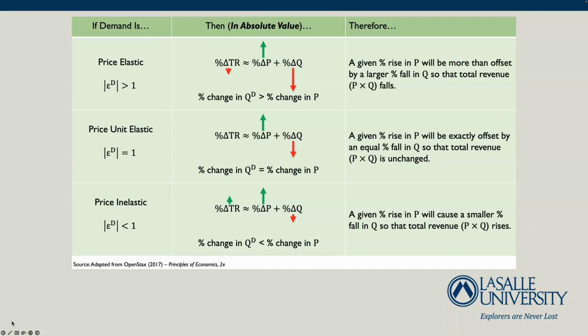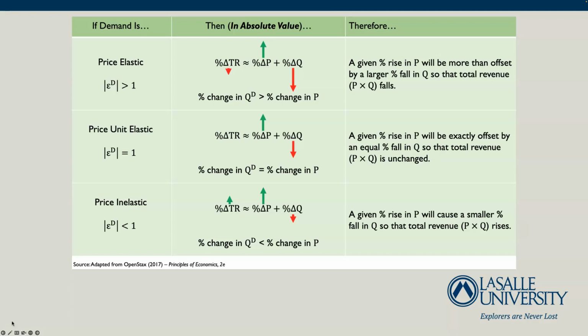Suppose that in each of those cases, we have the same increase in price, say by 10%. In the first case, when demand is price elastic, that increase in price will lead to an even greater change in quantity demanded. So if prices rise by 10%, we might have a 15% reduction in quantity demanded.